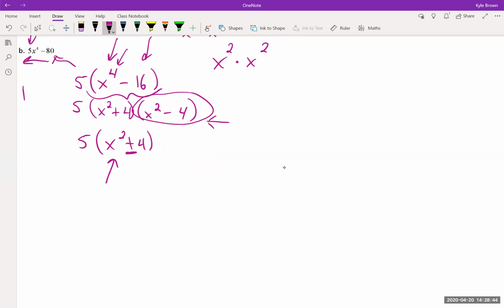So that's not a difference of squares. But then this one was. So we make our brackets again for both of them. The square root of x squared is just x, so they both get an x. The square root of 4 is 2, so they both get a 2. One's a plus, and one's a minus. All right, so that would be fully factored with 4 factors there.